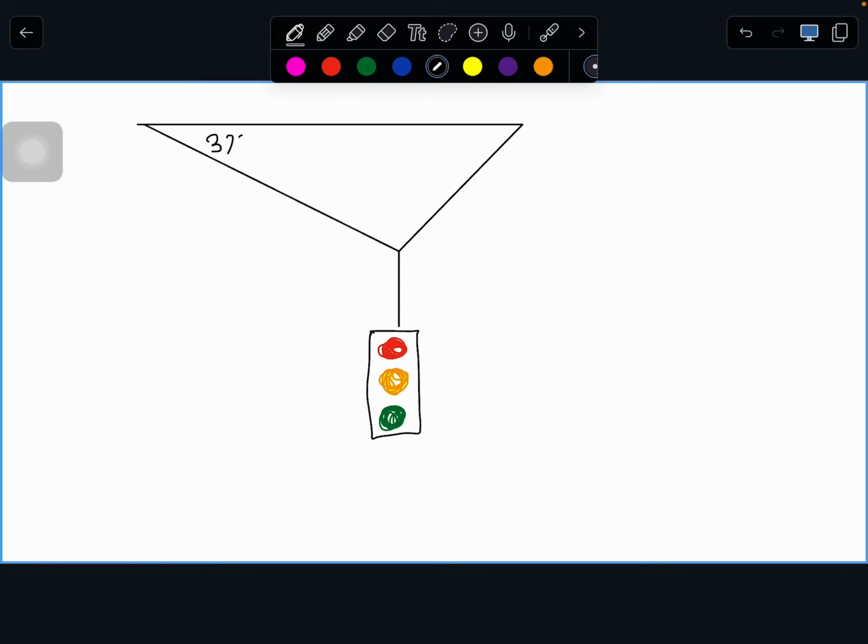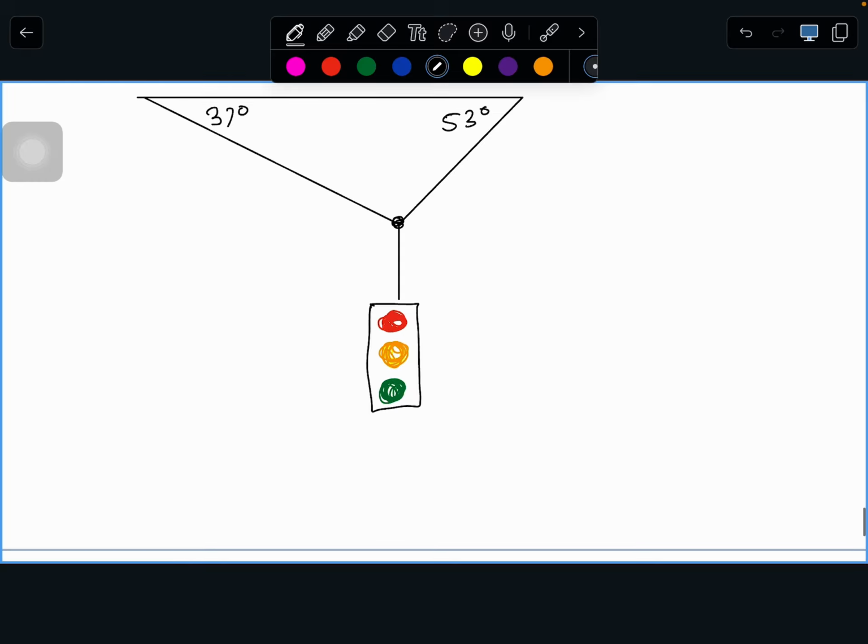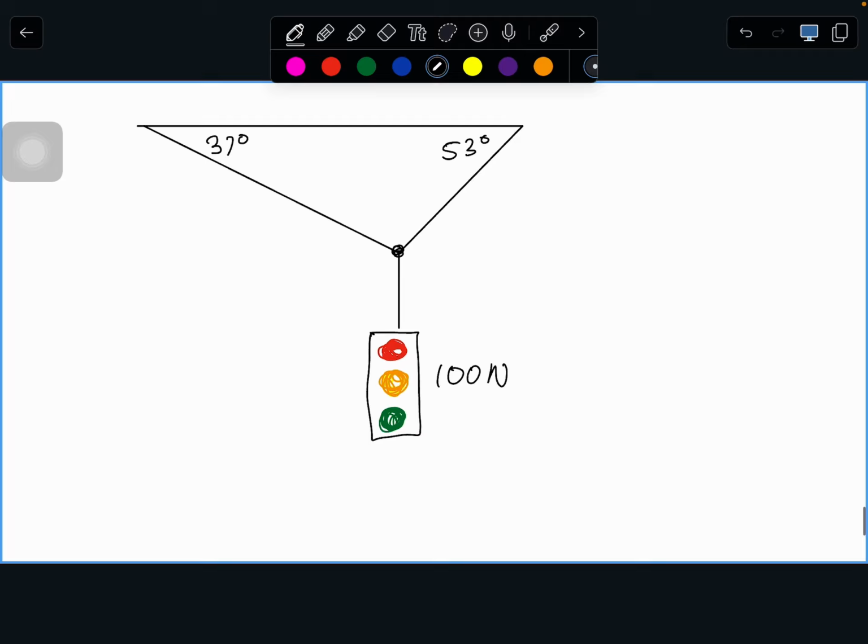This is 37 degrees. This is 53 degrees hanging. That's where they all kind of come together. And the stoplight is a 100 Newton stoplight. It has a weight of 100 Newtons and it's pulling down. The question in the stoplight problem: you get the 100 Newton stoplight hangs.